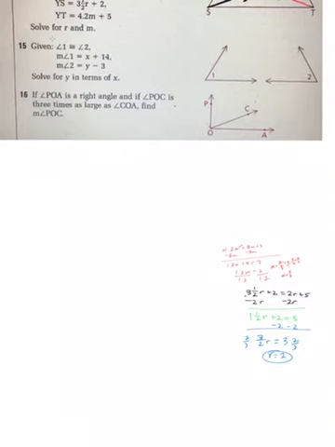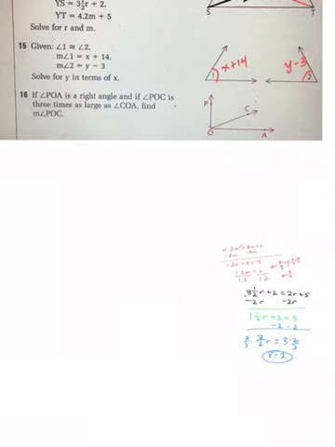Given that our two angles are congruent, I love it. So let's tally this guy up. I am told that angle 1 is equal to x plus 4, and angle 2 is y minus 3. And it's asking me to solve for y in terms of x.